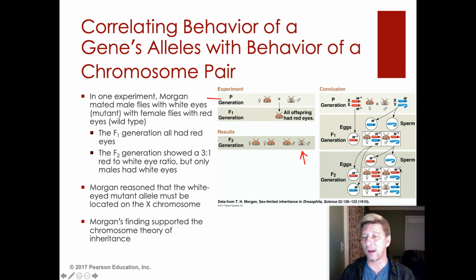The males had a 50-50 shot at becoming red-eyed or white-eyed because half of the males would have a red-eyed allele and the other half would have the white-eyed allele. Okay, so Morgan was able to successfully demonstrate the chromosomal theory of inheritance. All right.